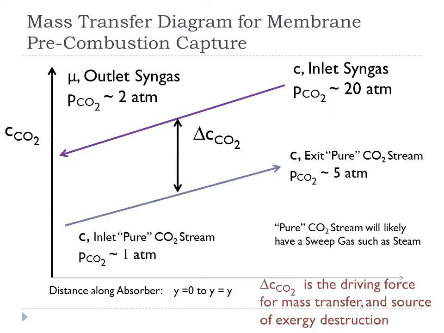So here we'd be sweeping with steam, and so we could have the inlet pure CO2 stream be some number between 0 and 1 atmosphere on the sweep side. And if you were sweeping gas at a pressure between 5 and 10 atmospheres, you could have your partial pressure of CO2 exiting be on the order of 5 atmospheres. And then when you condense out the water, that partial pressure, of course, would increase.